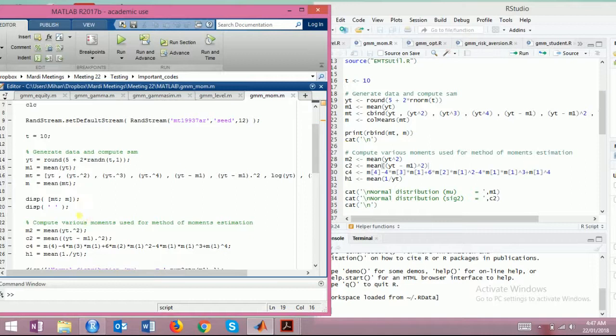So let's see both mt and its mean. We row bind; they are coming in columns. First show me mt's, then m's.